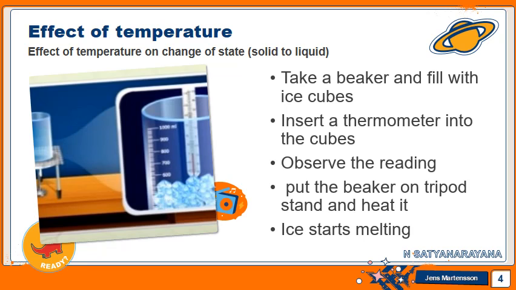Take that beaker and measure the temperature with the help of a thermometer. Observe the reading. Then put the beaker with ice cubes on a tripod stand and start heating. Then the ice slowly melts into water, isn't it?